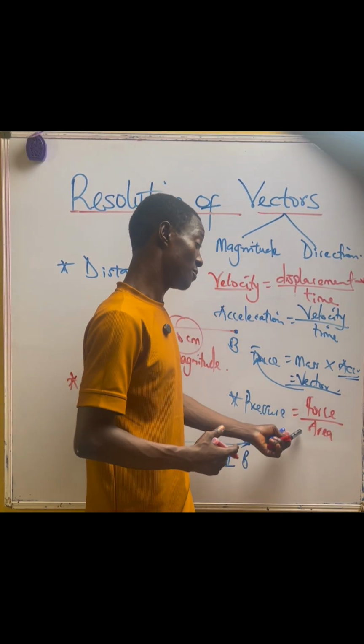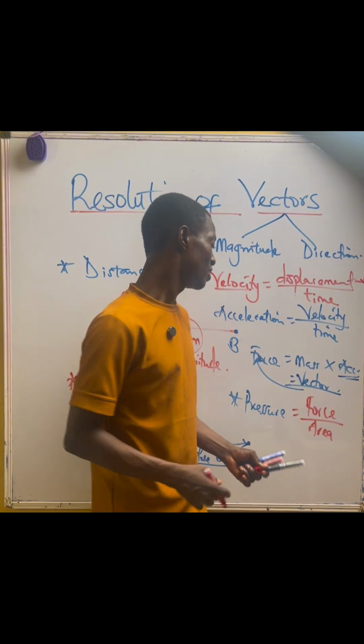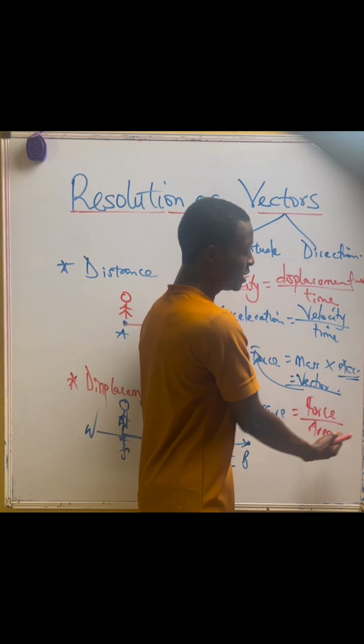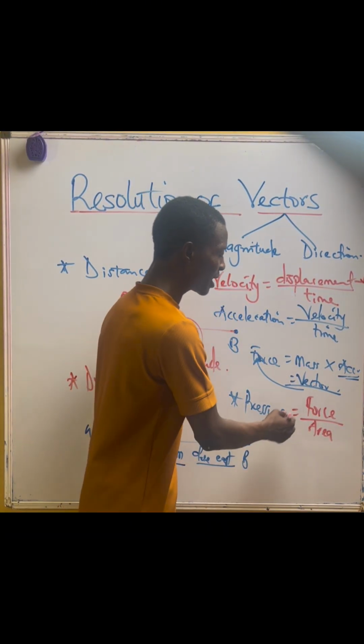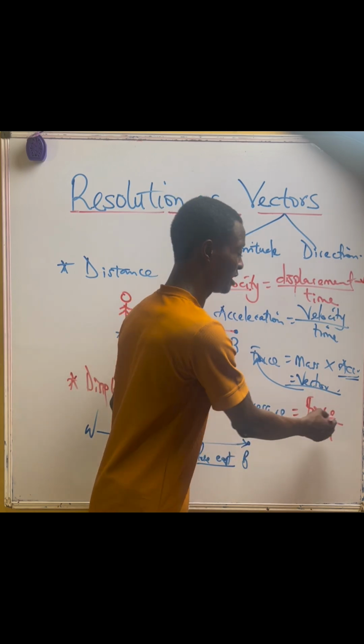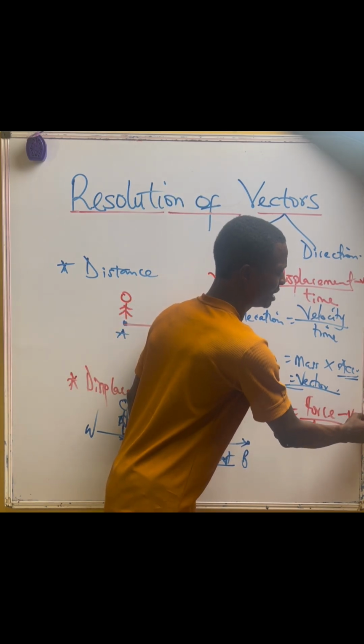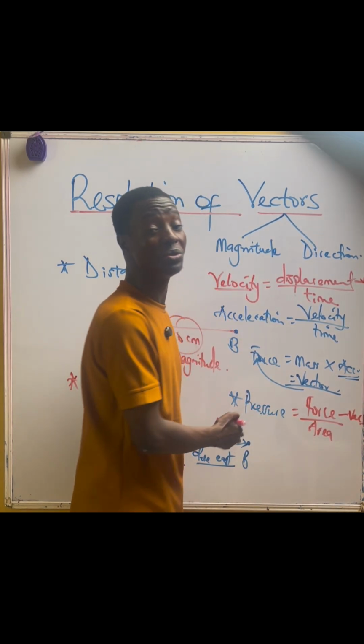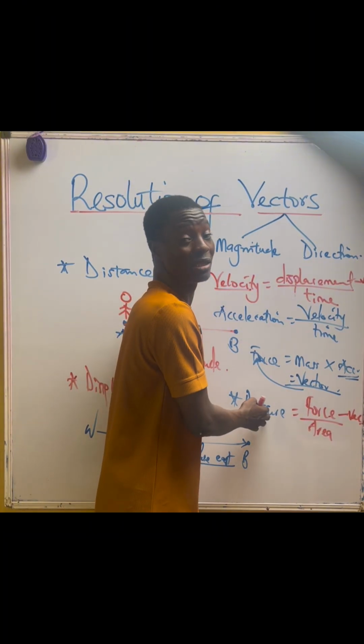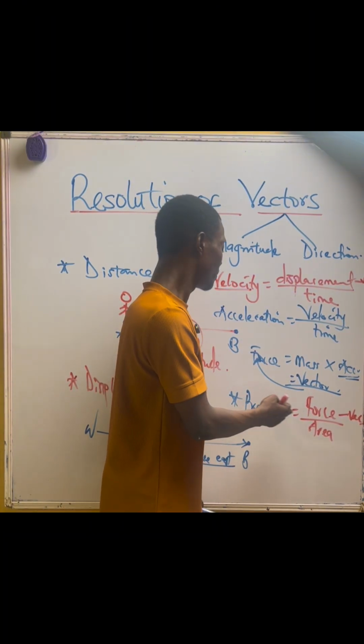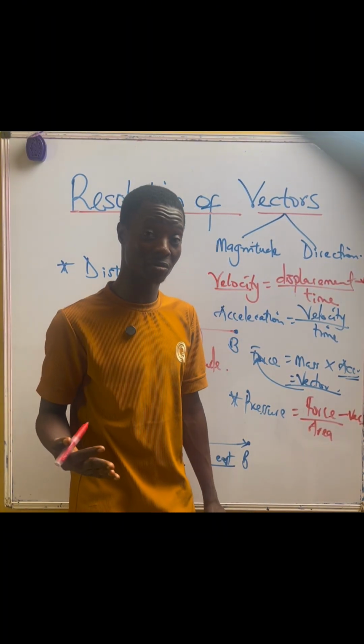It's just length times breadth. So this is a vector and this is a scalar, so what it's supposed to yield is a vector quantity. But it won't yield that.